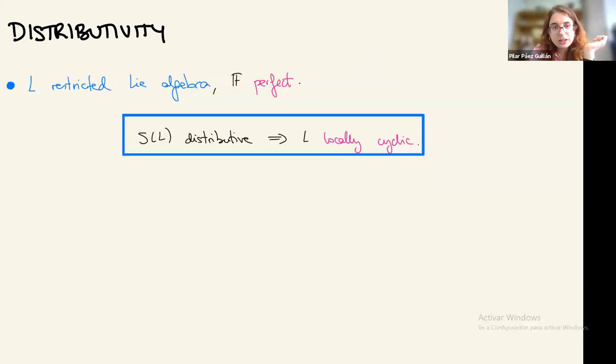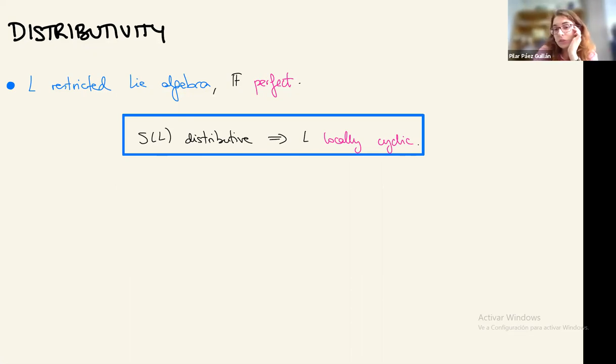For example, I have a restricted Lie algebra, but I ask the field to be perfect. In this case, we have a structure theorem for abelian restricted Lie algebras, and we have that if the lattice is distributive, then L will be locally cyclic. Okay, we recover in some sense the result that we have in groups.